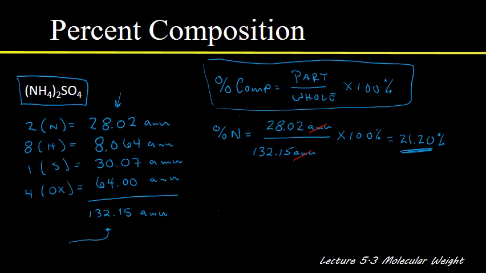All right, I'm going to do this for hydrogen as well, and I'm going to let you do sulfur and oxygen. So for hydrogen, it's going to be 8.064 atomic mass units divided by the total molecular weight.